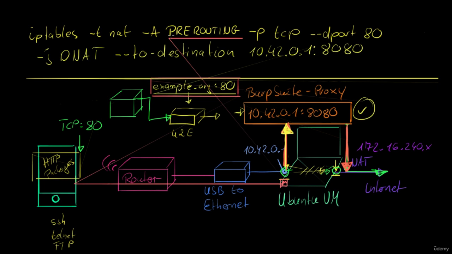This one over here. So this means if this packet is of type TCP, yes, it is TCP. And if this packet has the destination port 80, it's also true. Then change the destination address from whatever it is in this packet to this destination address.